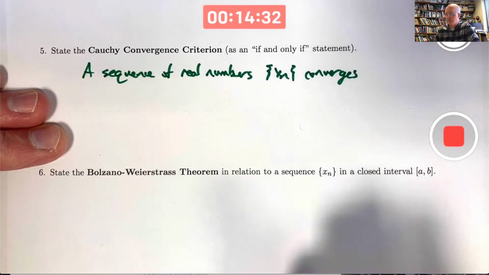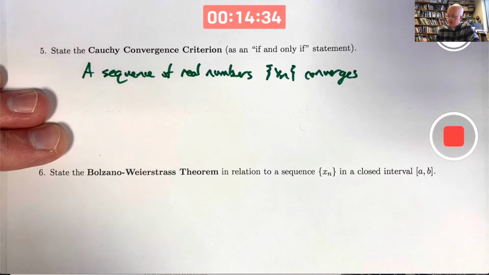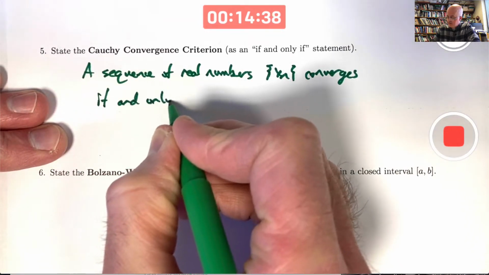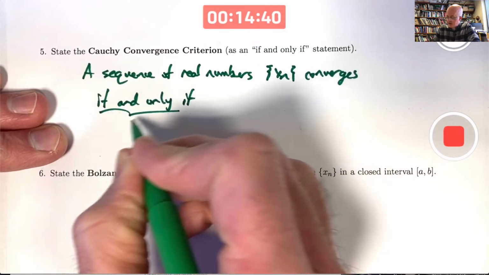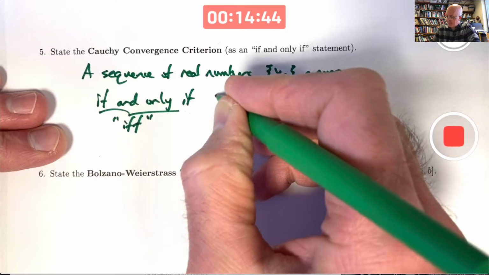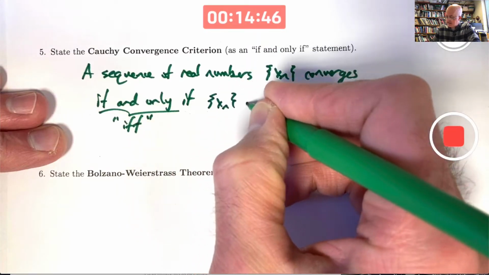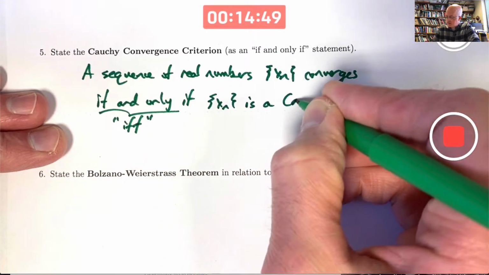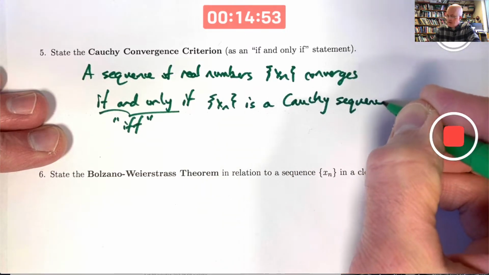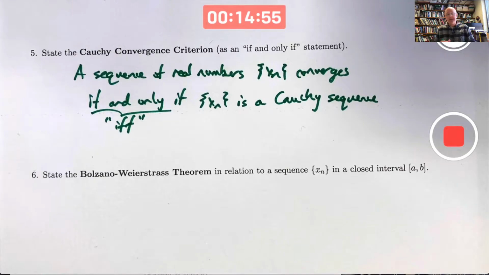I'm just saying it converges, but that would mean it does converge to some number L. If and only if, which you can abbreviate IFF, Xn is a Cauchy sequence. That's a theorem. It needs to be proved. I'm not going to prove it.